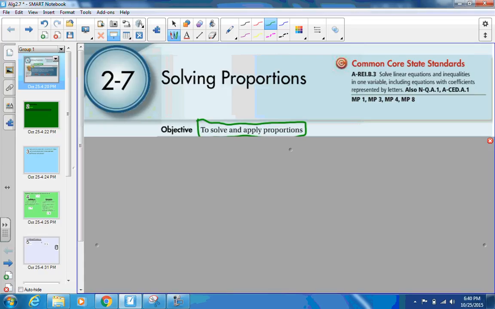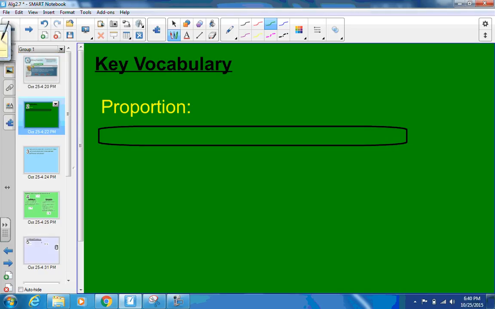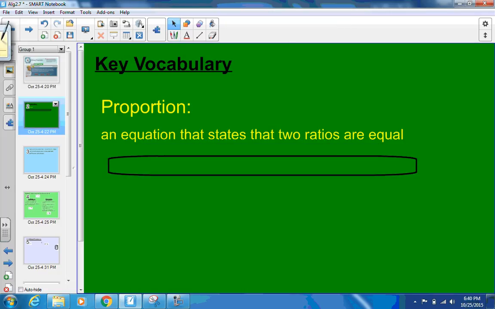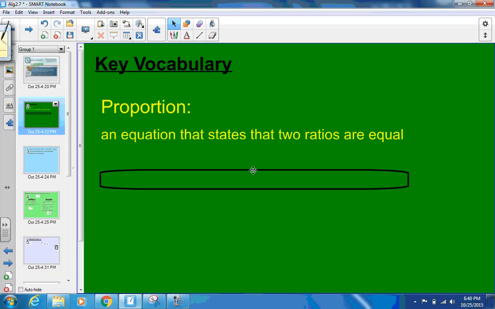Okay, in solving proportions, we need to know what a proportion is. You've done proportions before, but a proportion simply is an equation that states that two ratios are equal. Remember it has to be an equation, so it must have an equal sign. An example you might want to write down to help you picture it would be 1/2 equals 2 over 4.